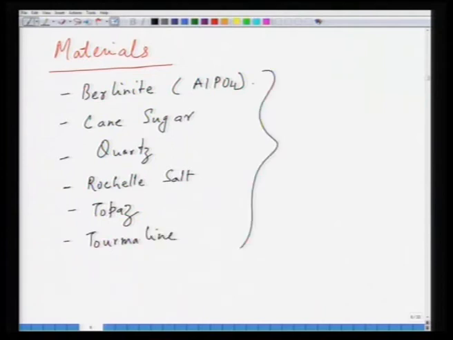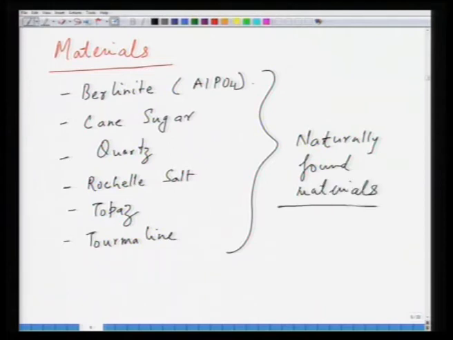All these are naturally found materials. So, nature provides us with materials which are inherently piezoelectric in nature, and of course, the most important of them being quartz. Quartz has been used in a variety of applications, including the watches that we wear.